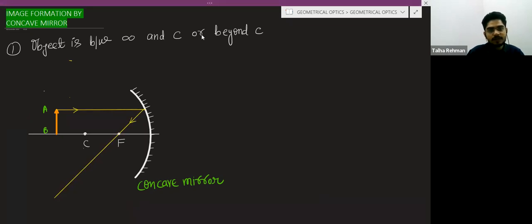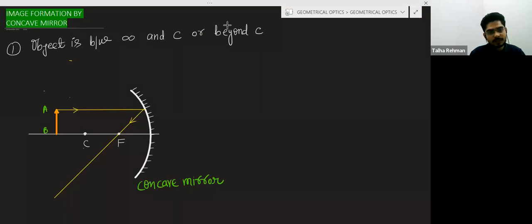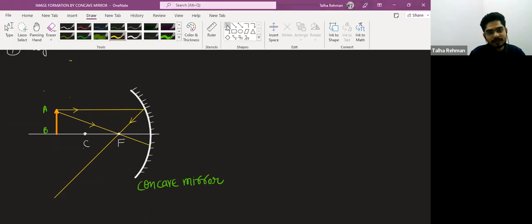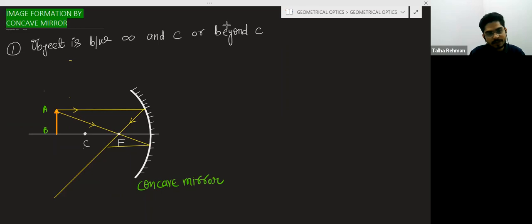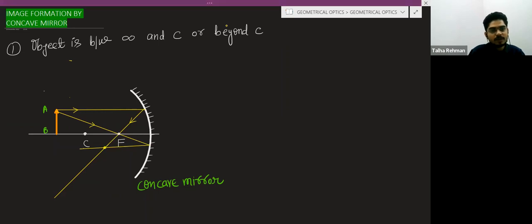Another ray from this object is passing through the focus, and a ray of light passing through the focus becomes parallel to the principal axis, so somewhere here both the rays will meet.